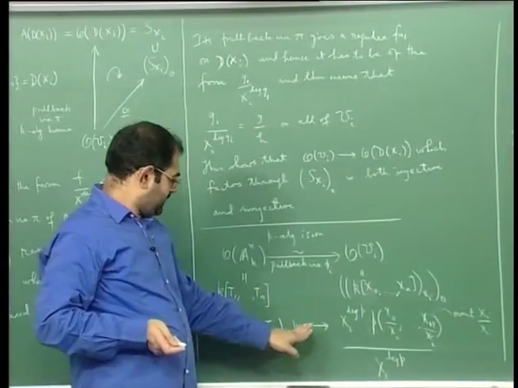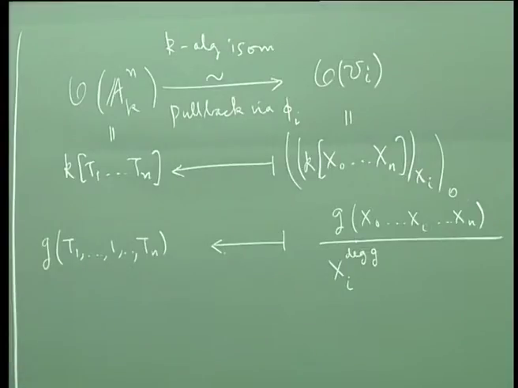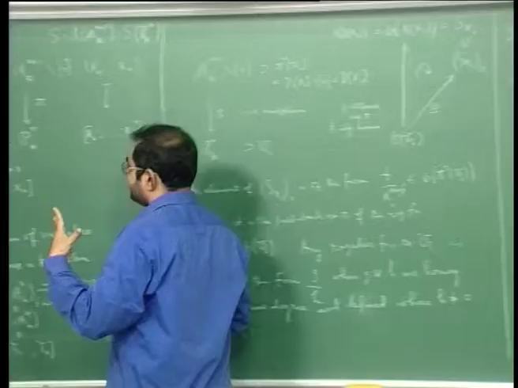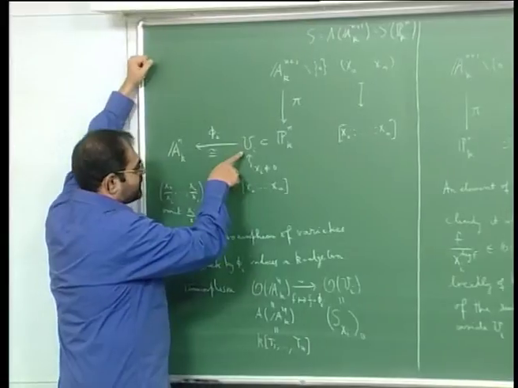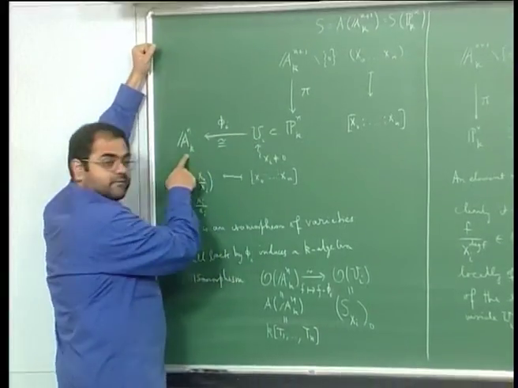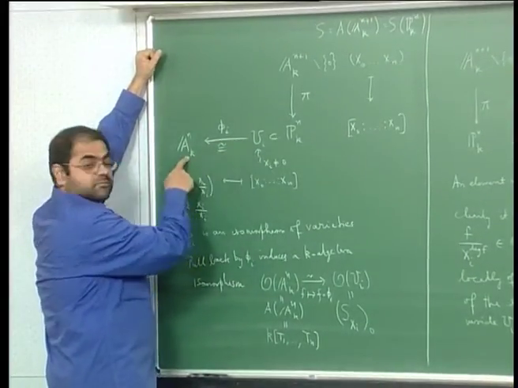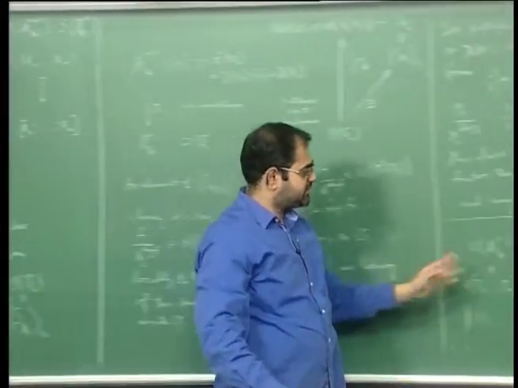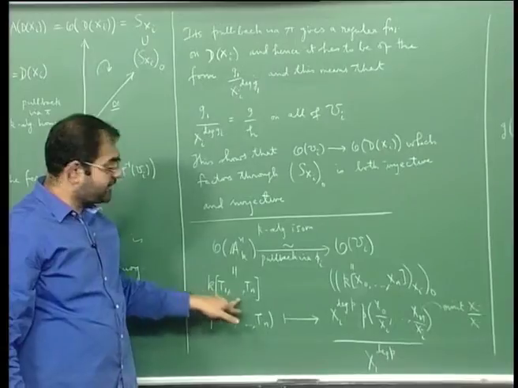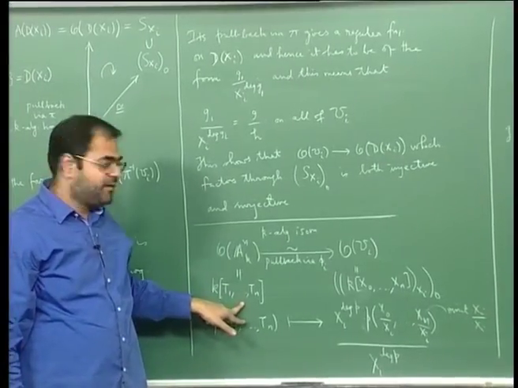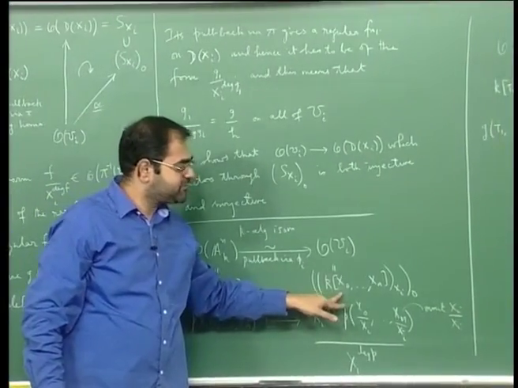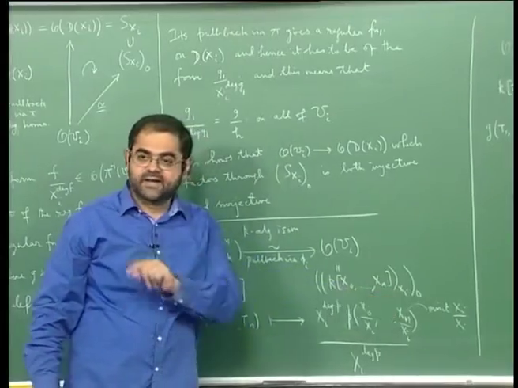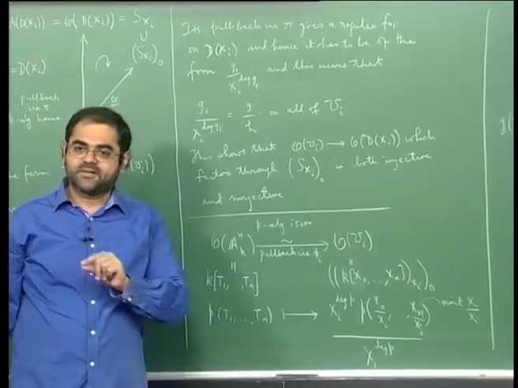So what I am trying to say is that this geometric isomorphism of this ui, if you translate it to commutative algebra, it is just this isomorphism between a polynomial ring in n variables, and a polynomial ring in n plus 1 variables localized at one of those variables and taking the degree 0 part.